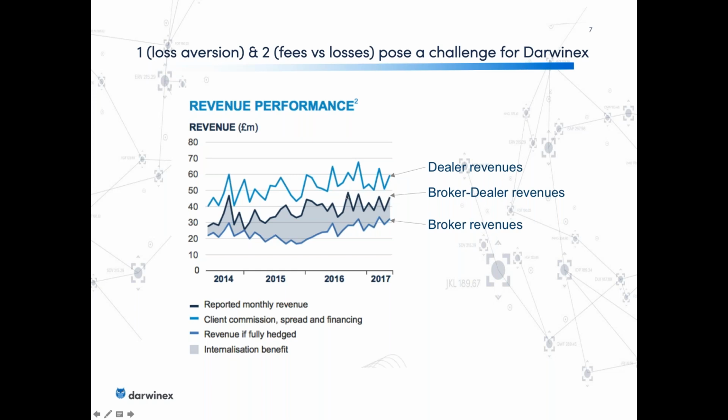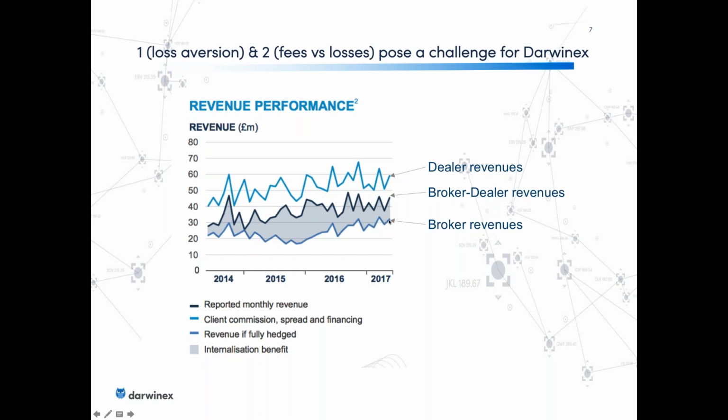But they also highlight how much money they would have made from the same customers if instead of being a broker dealer who selectively market makes some of the exposure, they had fully hedged all client trades against the market. In other words, if there had been a pure broker that does not market make, the revenues are shown at the lower end here.